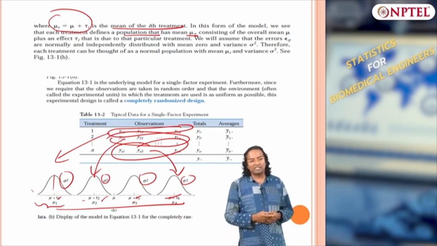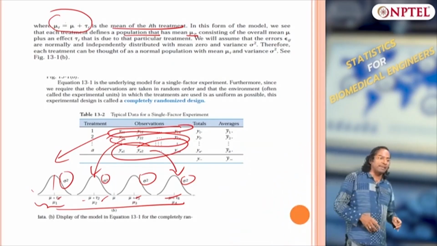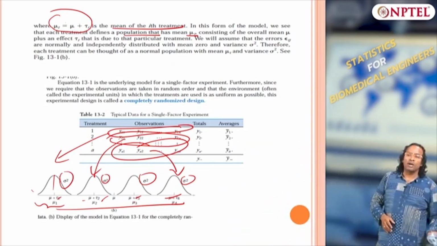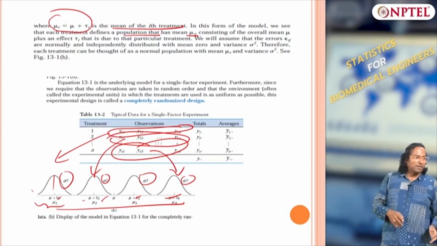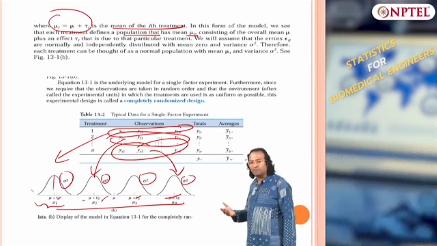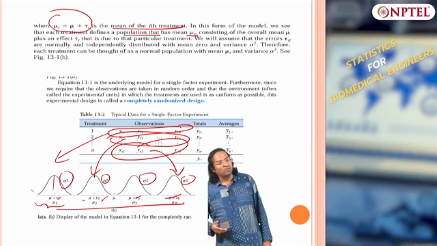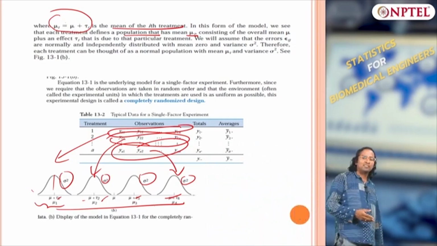What is differing is only the mean. If I assume both to be varying, then I will not be able to do hypothesis testing. You understand the problem? Because I am interested only in whether the treatment means are different or not. If I have to do that, I have to at least assume that the treatment variance also is constant.